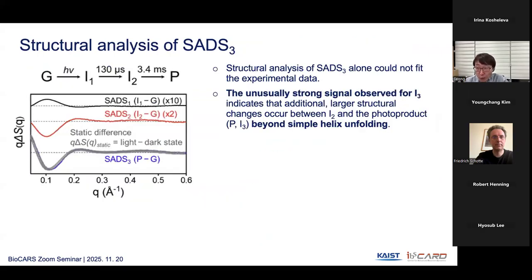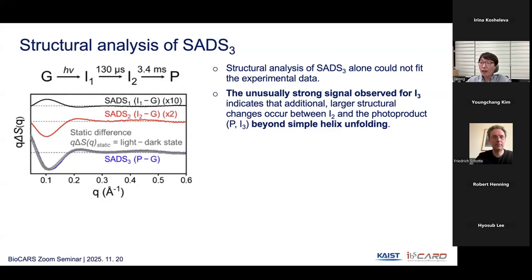Now, when we examine intermediate 3, that is, the product corresponding to SAS3, we found something surprising, something wrong. Structural analysis of I3 alone could not fully explain the experimental data at all.